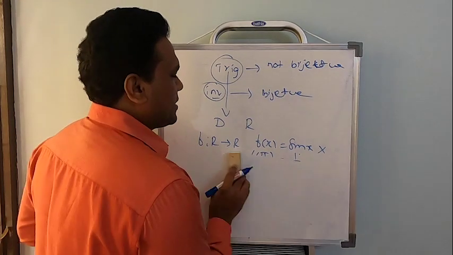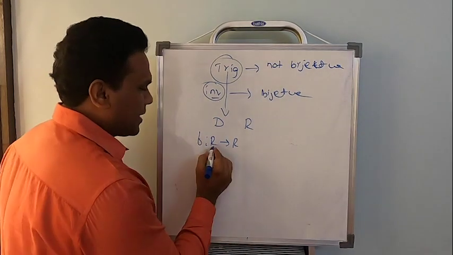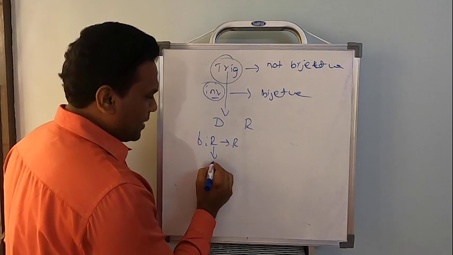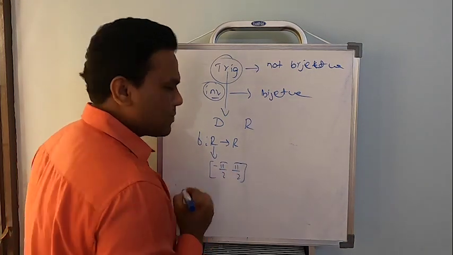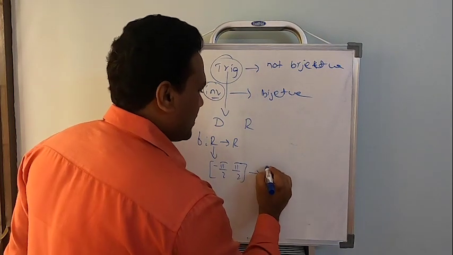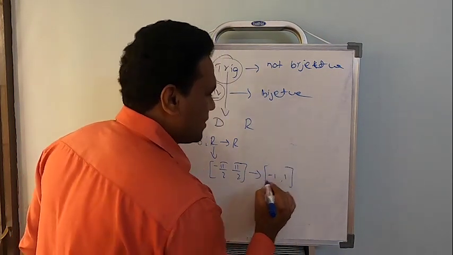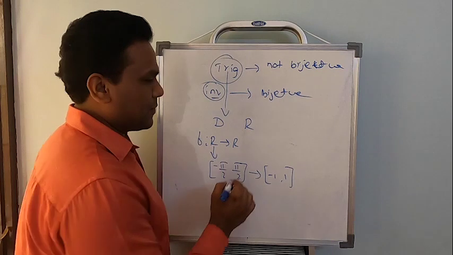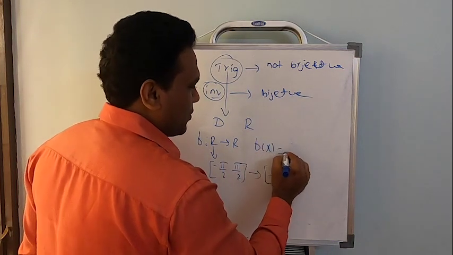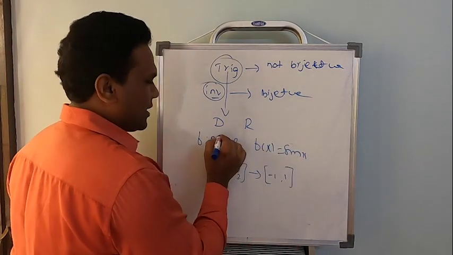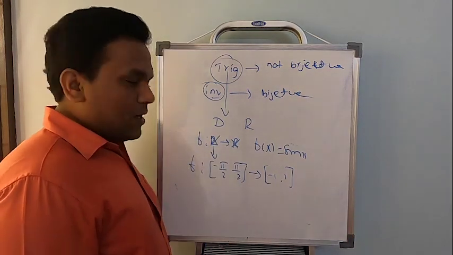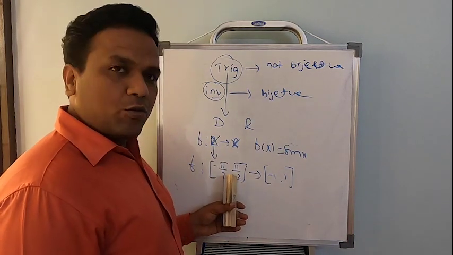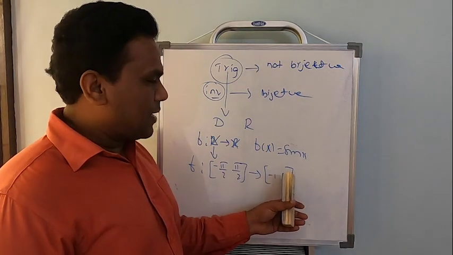So to make it exist, we will restrict the domain here. The domain will be restricted to the closed interval minus pi by 2 to pi by 2, and the range will be restricted to the real numbers minus 1 to plus 1. So this function is no more defined from R to R; the domain is minus pi by 2 to pi by 2 and the range is minus 1 to 1.